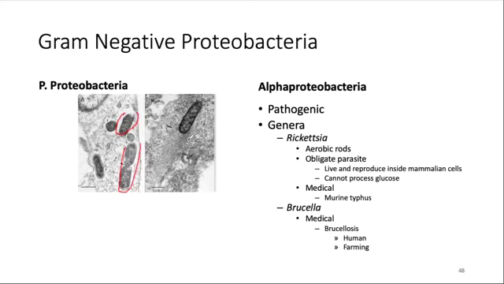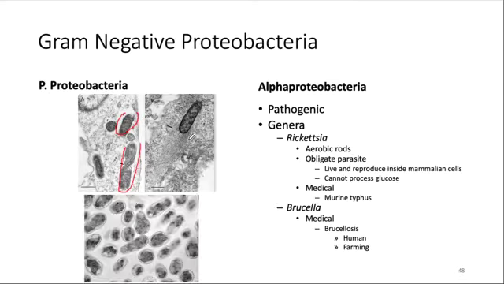Then you have Brucella, which causes brucellosis. Brucellosis is a highly contagious zoonosis. A zoonosis is a disease that is generally transmitted among animals, but could also be transmitted to humans.